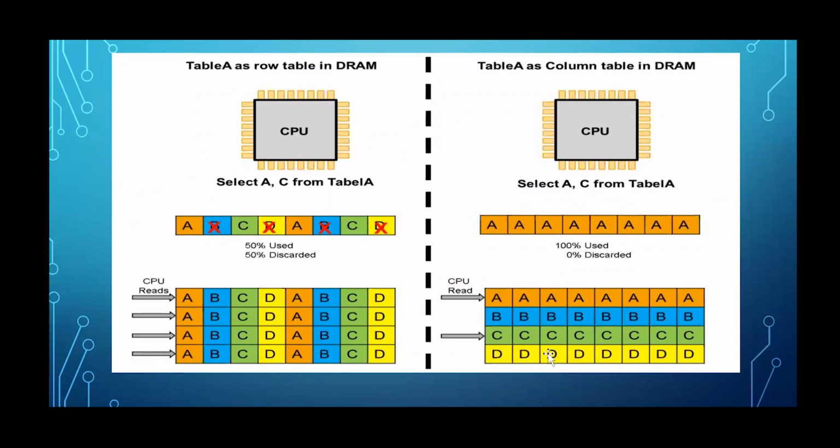So now let's consider the left hand side, your row store table. In this case, I'm passing a query: select A comma C from table.